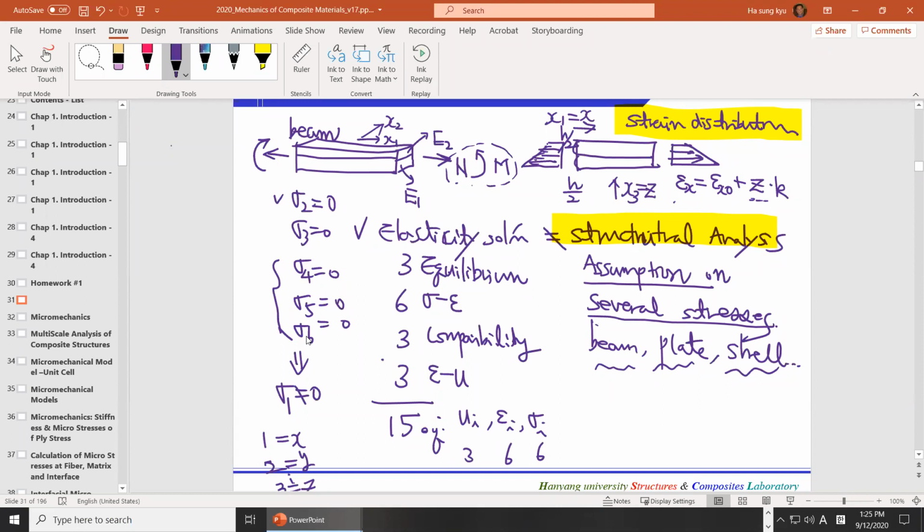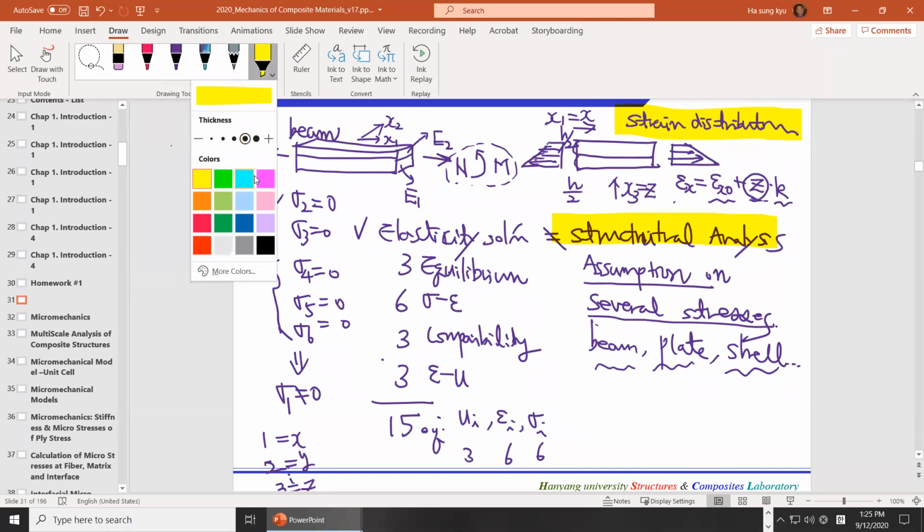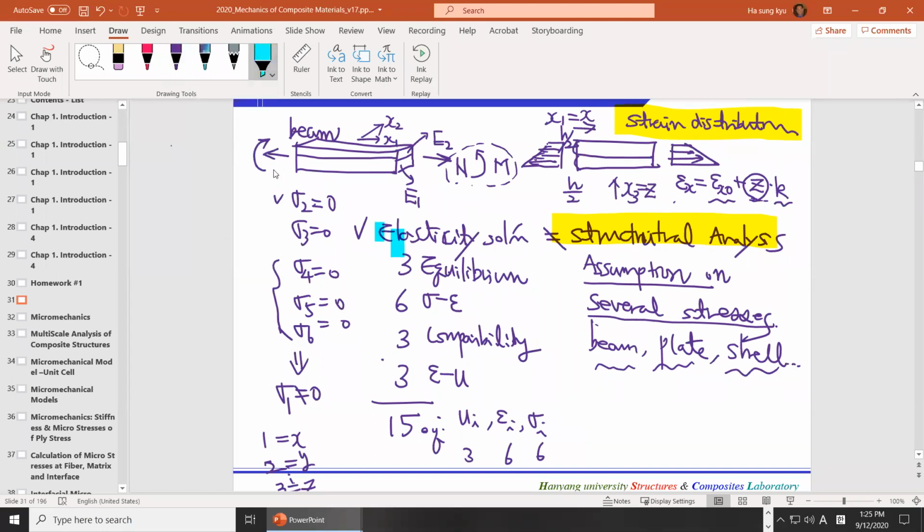Epsilon x is a function of z, and we have two constants. So this is the strain distribution assumption in structural analysis, not like the elasticity solution. In the elasticity solution this is not quite true, but again, this is structural analysis. So we only want to solve the major component.